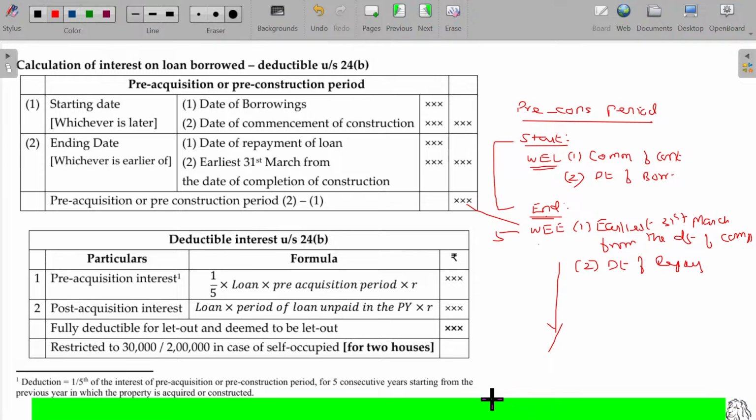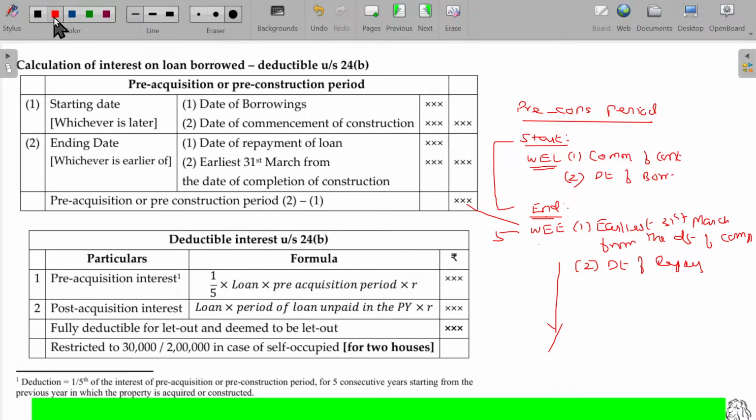In case of home loan, the tenure is very high, maybe 15 years or 20 years. But anyhow, the pre-construction period interest can be amortized over only 5 years. The year in which your construction is completed, from there another 4 years you can claim. But post-construction period, until you repay, you can claim year after year. Is that clear?